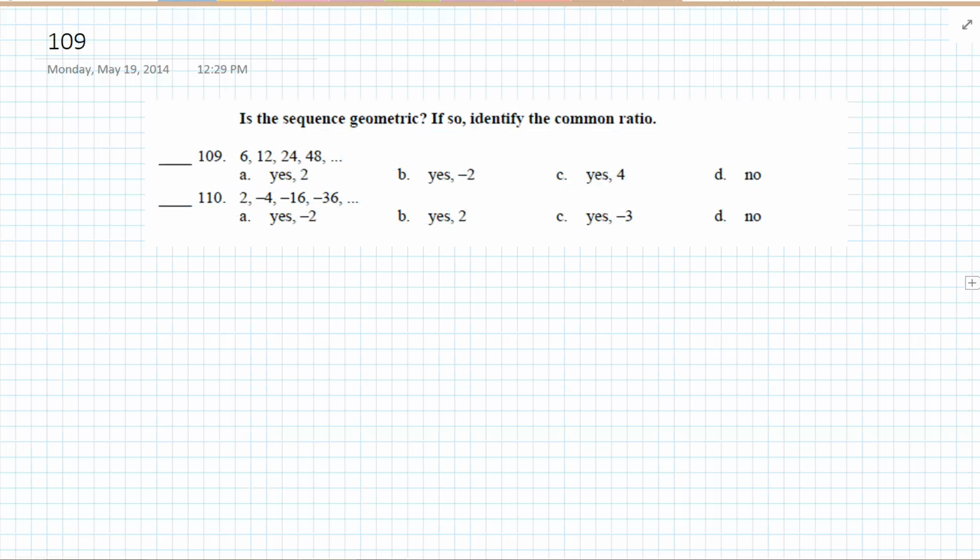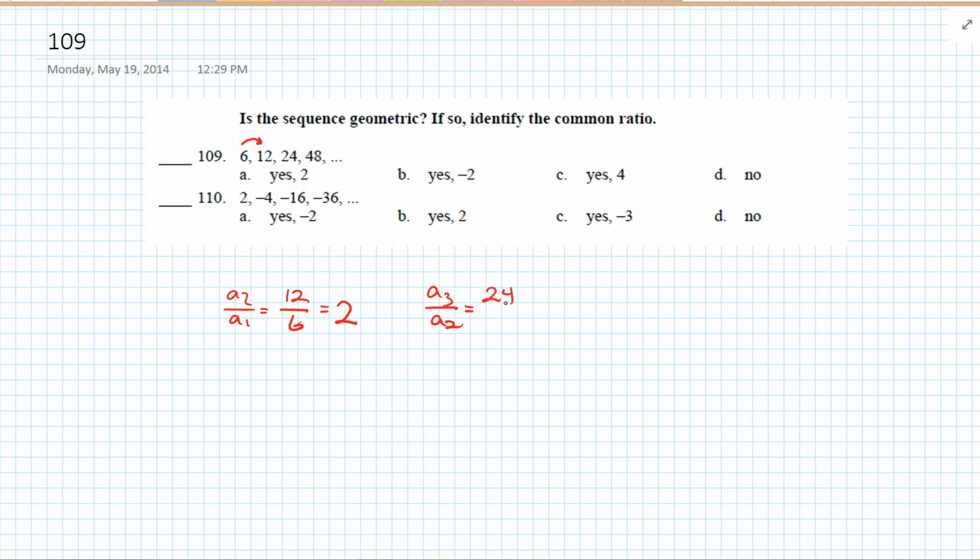109. Is it geometric? If so, find the common ratio. Well, since we're going to check geometric, we're going to divide them. So a of 2 divided by a of 1 is the same thing as 12 divided by 6, so it's 2. Let's go third term and second term, see if there's a common ratio there.